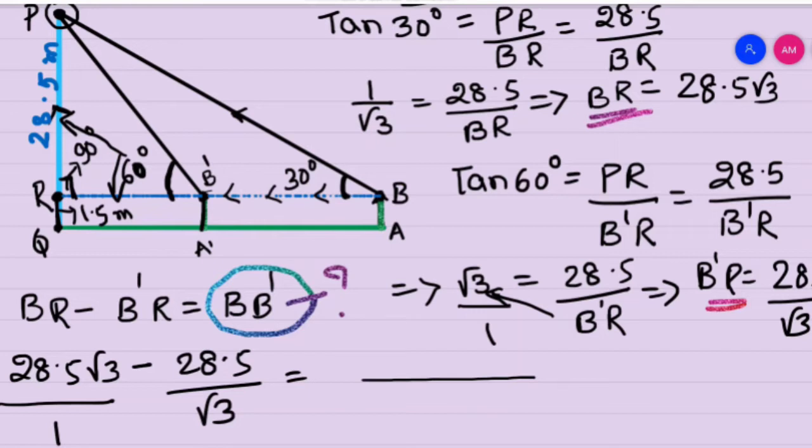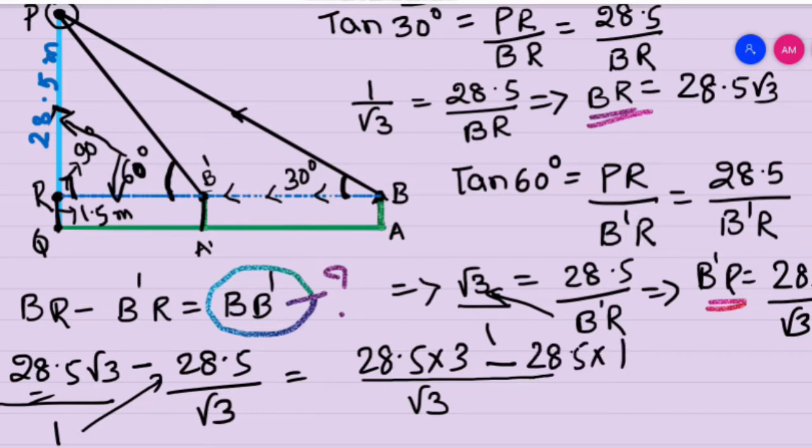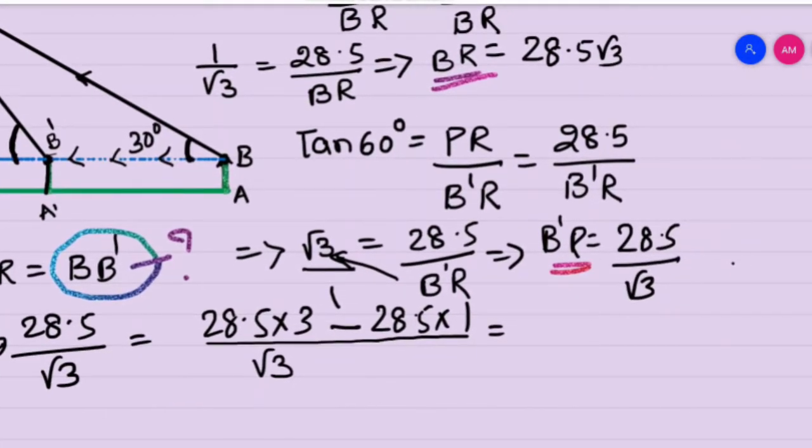When you find out the LCM, you will see that denominator is root 3, and here this part 28.5 root 3 into root 3 is 28.5. Root 3 into root 3 means into 3. Minus, again this will go here, so 28.5 into 1. Okay. If you are good at calculations, you can come to know that 28.5 into 3 minus 28.5 into 1 will give you 28.5 into 2.